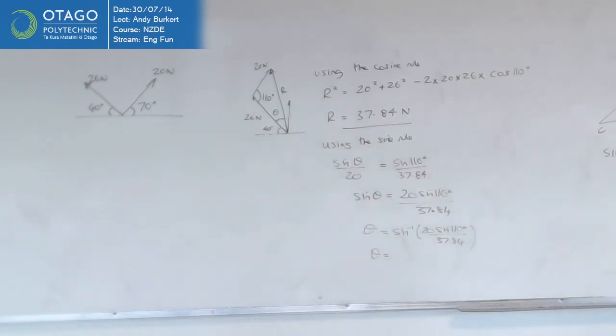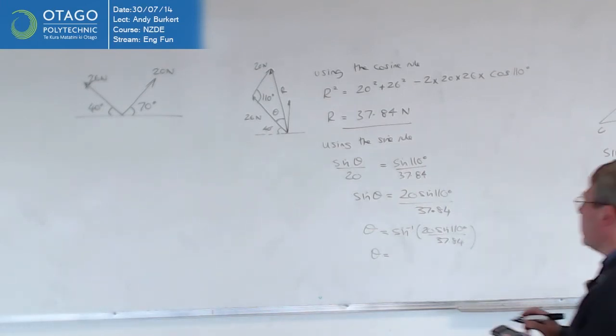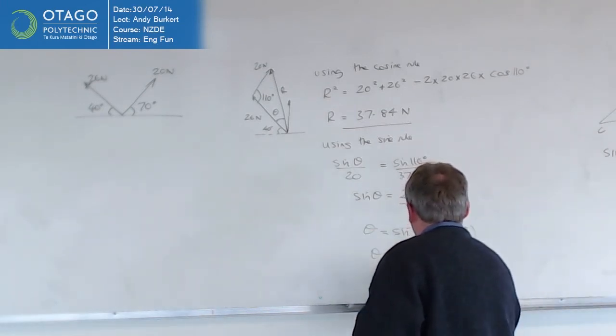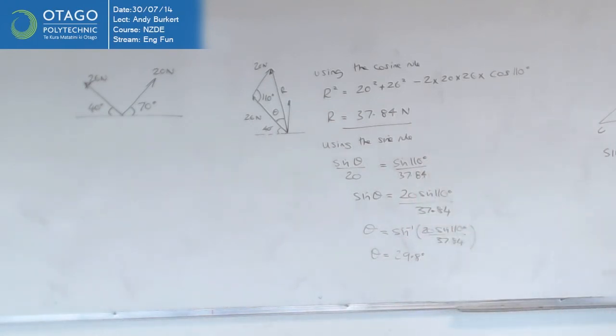Okay, so we do that on our calculator. Well, let's just see what I get as well. I think you're right. Sine to the minus 1 of 20 times sine 110 divided by 37.84. 29.8, yeah? Yeah, 29.8 degrees. Now, is that my answer for the direction of the resultant force? No, it's not.